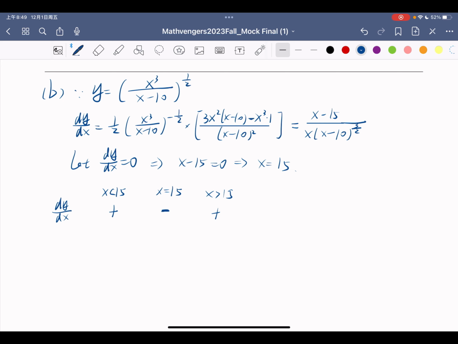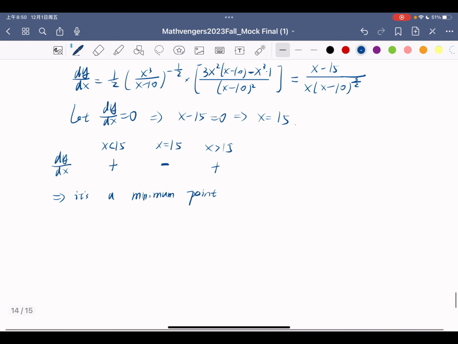Okay, this actually shows that it is a minimal point. Well, this method is better when you see the first derivative has a very sophisticated function and you don't want to compute the second derivative.